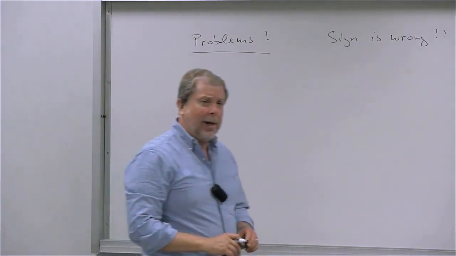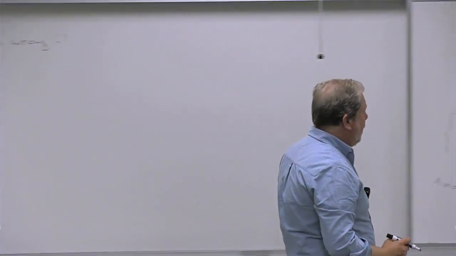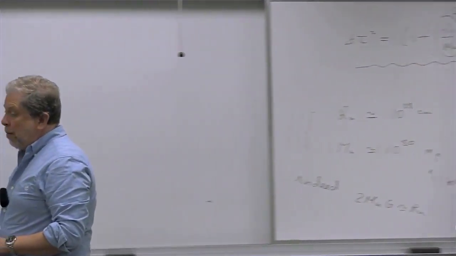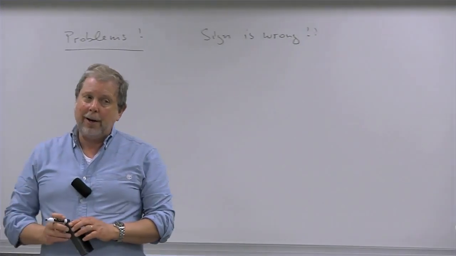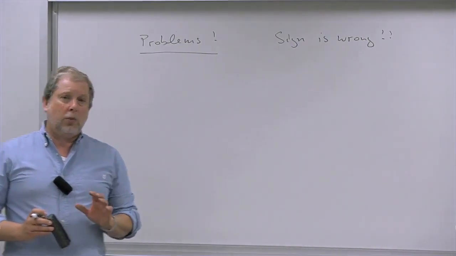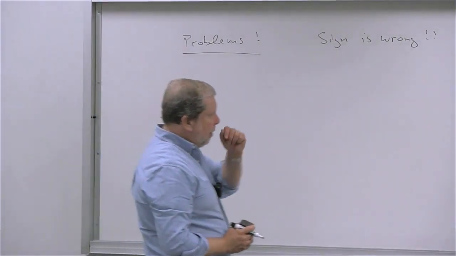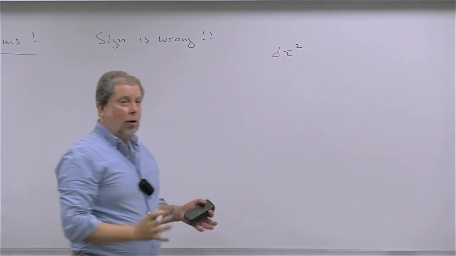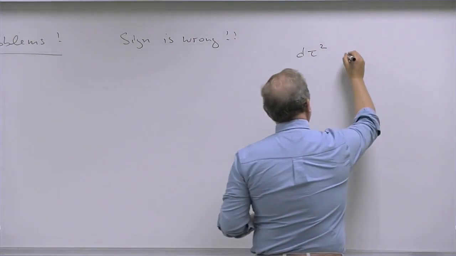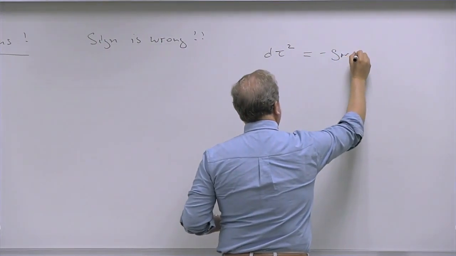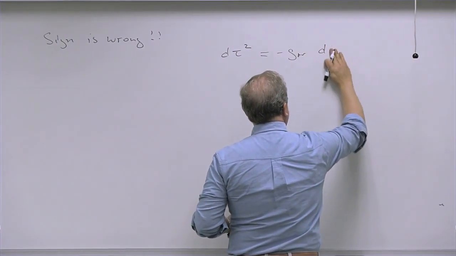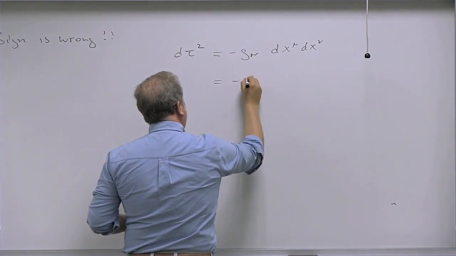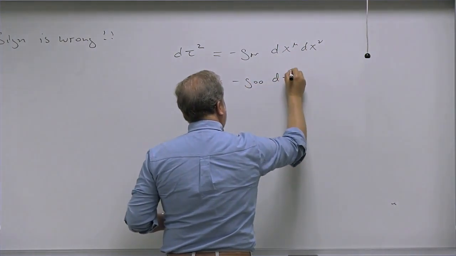So how does Feynman get out of this bind? How does Feynman say that we can change a minus sign into a plus sign? Well, his argument is that this is in fact a very naive calculation because we're not including in the proper time interval, in the tau squared, all the other components. This is equal, of course, to minus g mu nu times dx mu dx nu. And so this is equal to minus g naught naught dt squared.